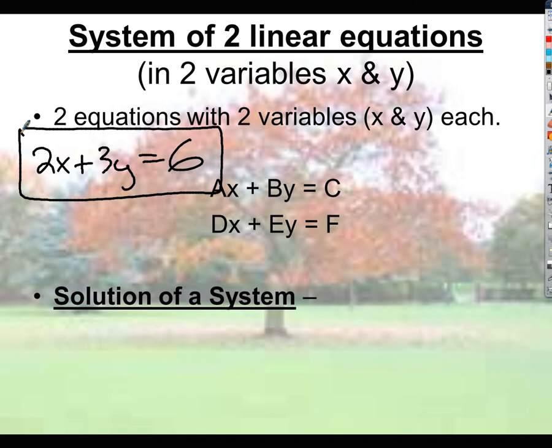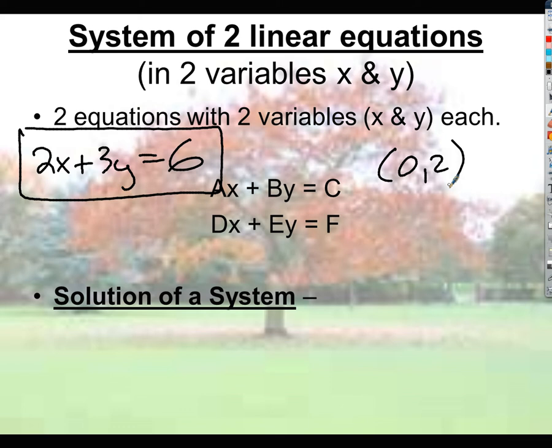Coordinates, yeah, it's going to look like x and y coordinates. I'm going to get a number for x and a number for y, a number for each of the two variables. Can anybody see an example of a solution that would work there? What do you think, Chance? Yeah, there's one: x equals 0, y equals 2.